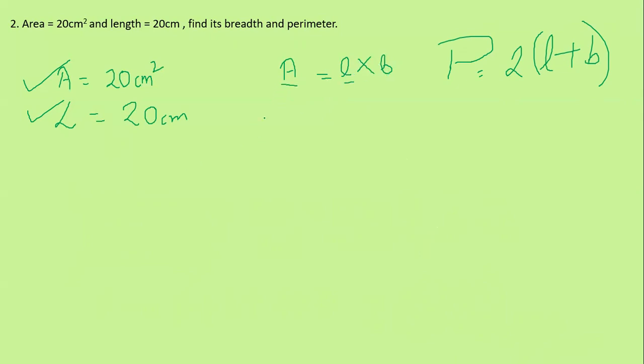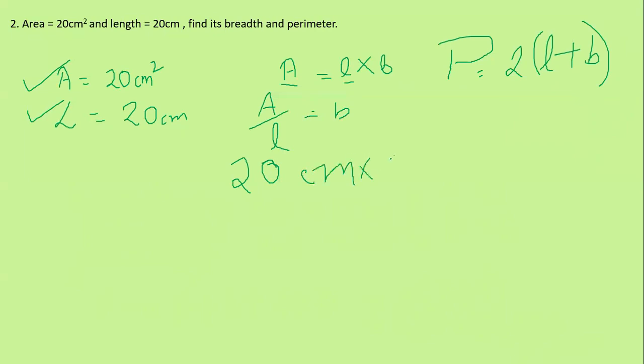तो how I will find out the breadth? A, it is in multiplication form, so transpose होगा इस side, so it will be A divided by L is equal to breadth. How much is A? A is equal to 20 सेंटीमीटर स्क्वायर. तो हम लोग ना 20 सेंटीमीटर स्क्वायर वैसे नहीं लिखेंगे. I will just write the unit in the form of factorization, in the form of its factors.